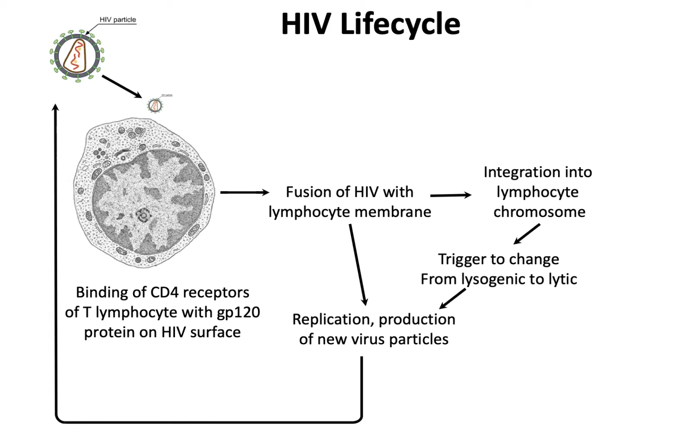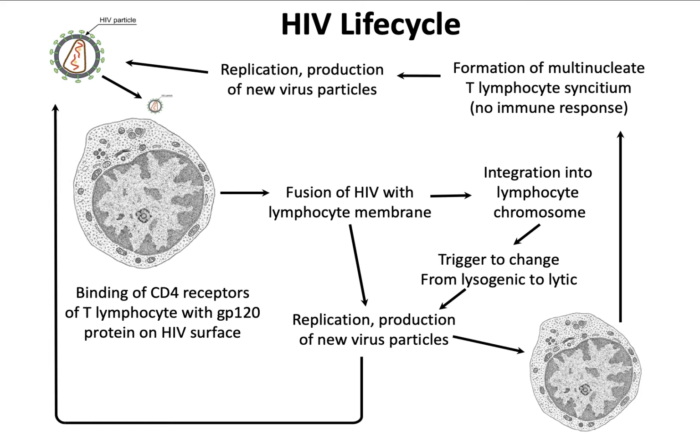At some point in time, in some cells, you'll get integration of the DNA copy of the viral RNA into the lymphocyte chromosome. It can be triggered to go from this lysogenic stage into the lytic stage and also produce more viruses, and this can happen continuously.